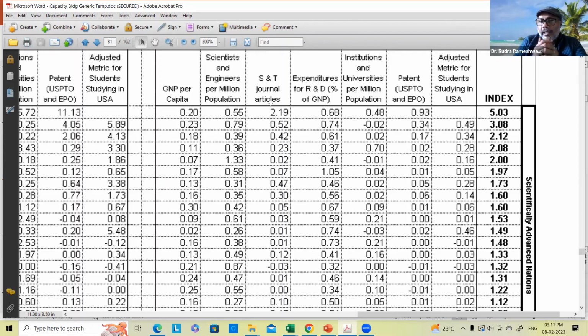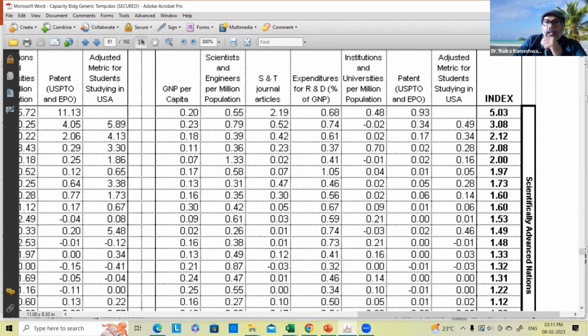They will only take the ideas and then build their own story. So expenditure on R&D as a share of GNP: 0.74 is more than 0.68 for some other country. Maybe 1.05 was the expenditure spent on R&D.